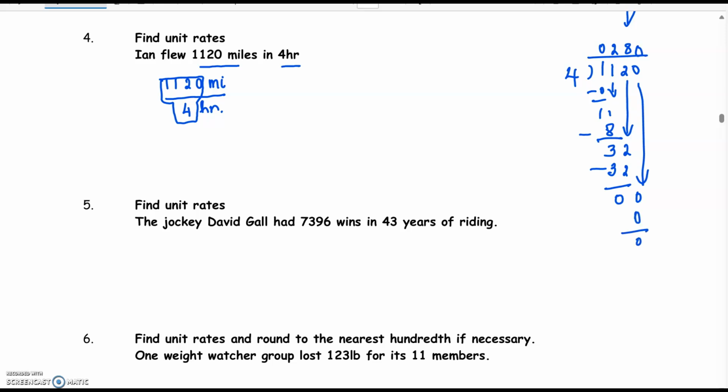And we have 280 miles per, since we've already divided by the 4 to get a 280, we have only a 1 in the denominator, so it's divided by 1 hour. So it's really 280 miles per hour.